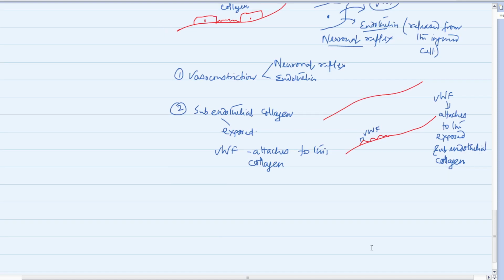At this point in time there are lots of platelets passing by, because the blood is moving through this blood vessel.